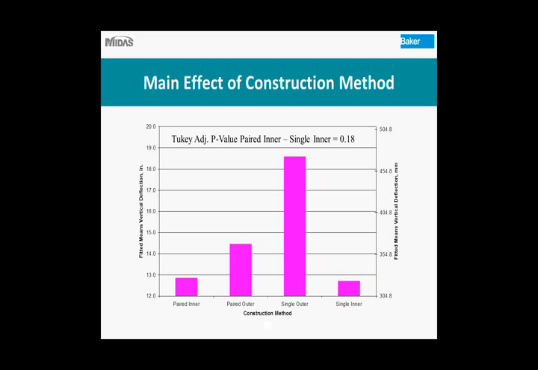And because our Tukey adjusted p-value is greater than 0.05, then we have to assume that the difference between the single inner and the paired inner is not statistically significant. So while it appears that the paired inner provides deflections that are higher than the single inner, based on that statistical Tukey value, we can't make a definitive statement confirming that.